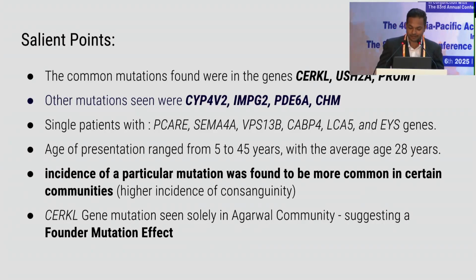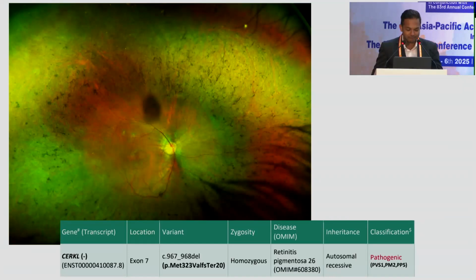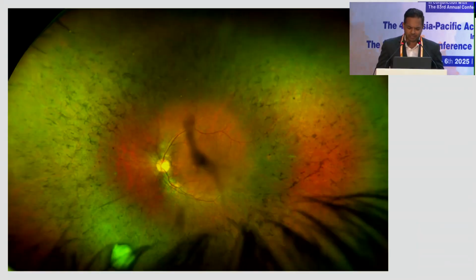mutation effect. So clinical features of patients with the circle gene mutation: they typically had pigmentary changes in the periphery with some degree of macular involvement. Vision typically ranged from 6/12 to 6/18 at presentation, typically in the second decade.